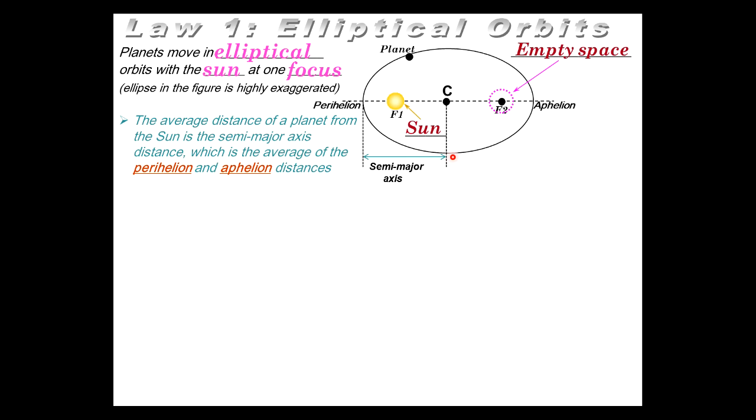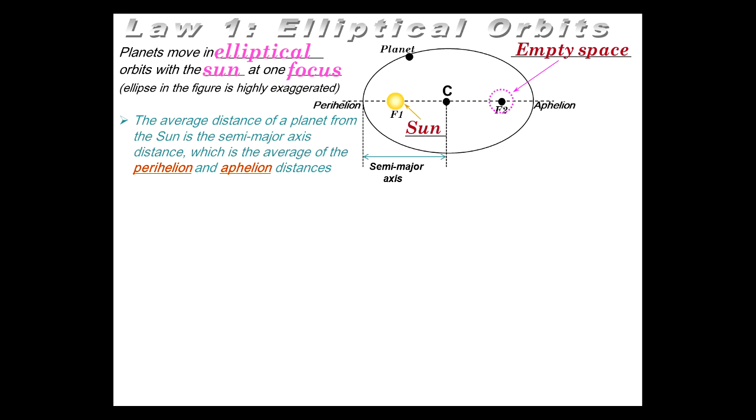We have the semi-major axis. The major axis is through the longest dimension through the ellipse. Half of that from the center to the edge is the semi-major axis. And the average distance from the planet to the sun is this semi-major axis.